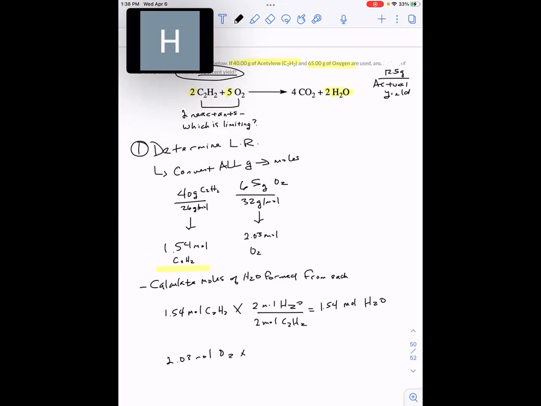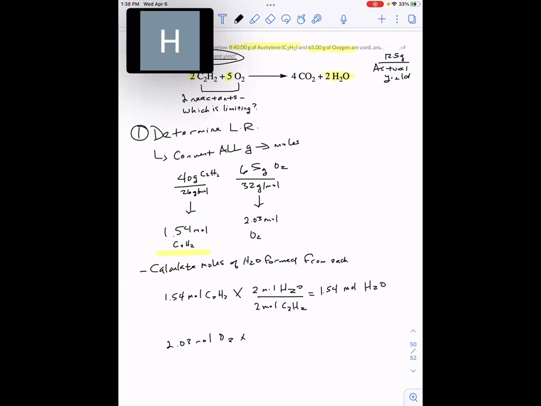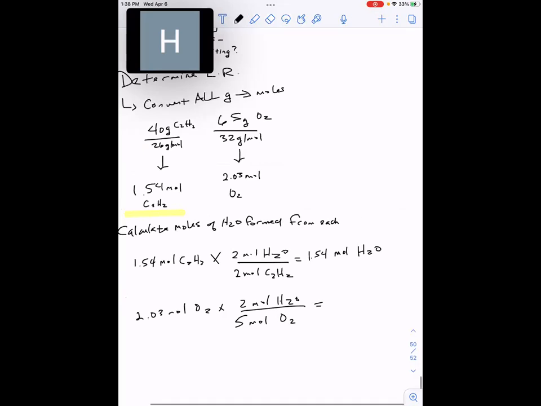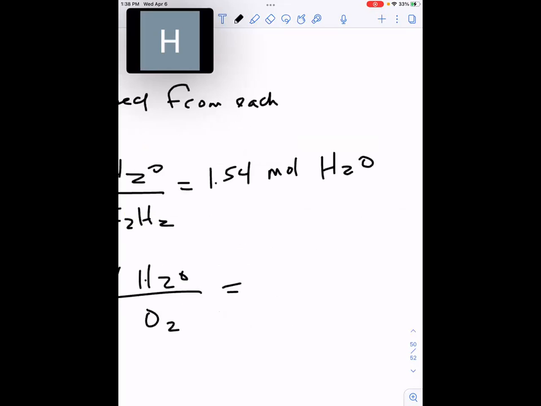And we want to cancel oxygen, so we're going to put the water on top again: 2 moles H2O divided by 5 moles of O2. All right, what do we get from that? Anybody? 0.812 moles. Okay.